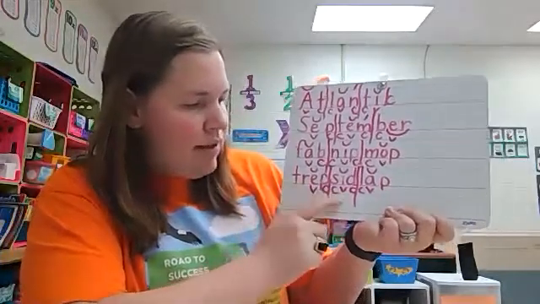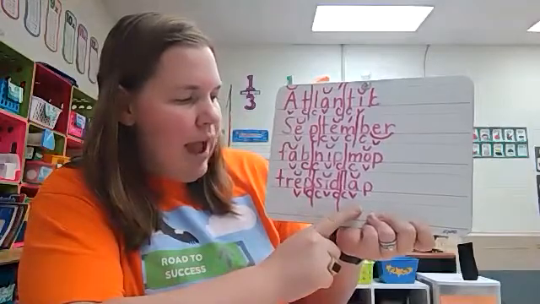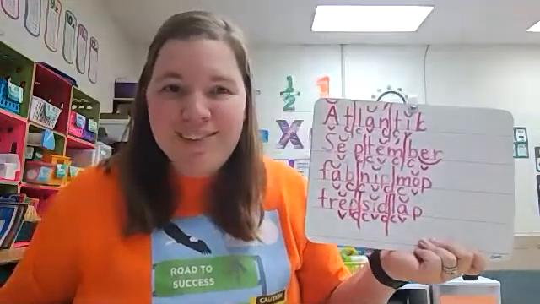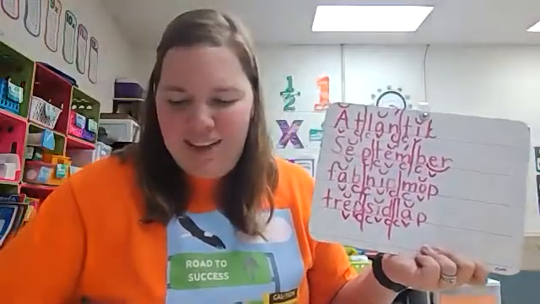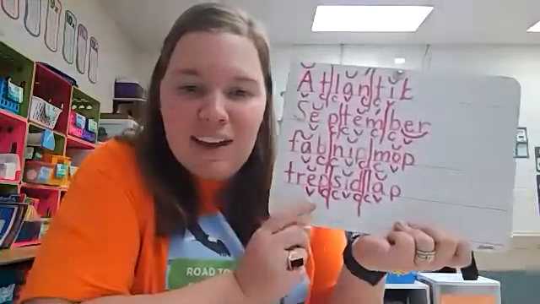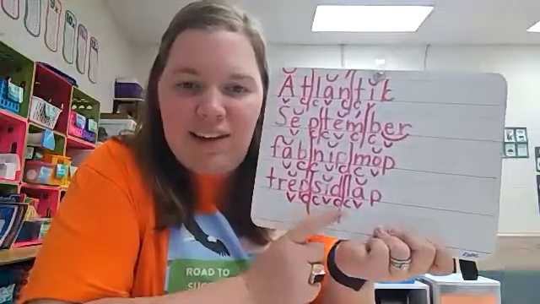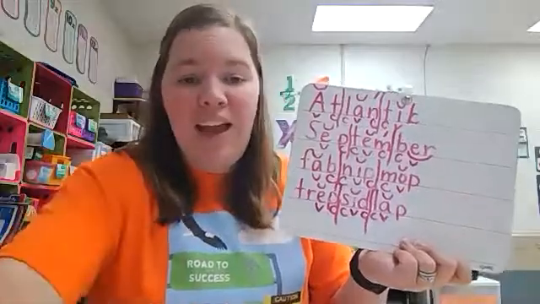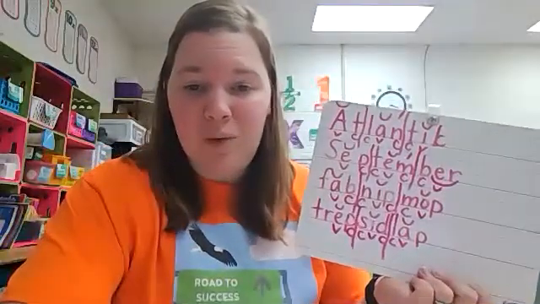Trep, sid, lap. Trep, sid, lap. Is that a real word? No, it's a nonsense word, but we can use the VCCVCCV pattern to help us read longer words. And so we're going to practice that on our worksheet today.